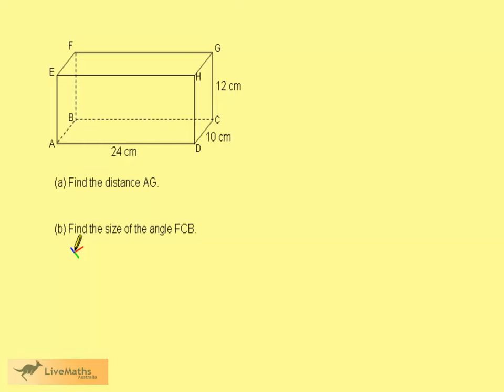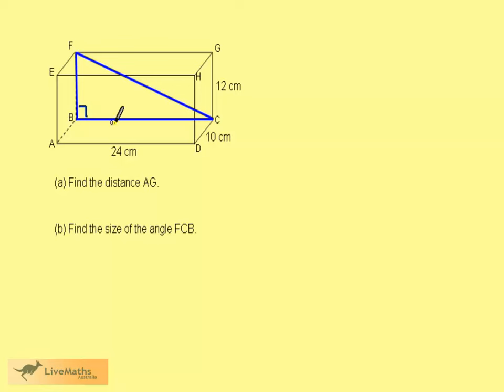In part B, we're asked to find the size of the angle FCB. In order to do this, we need to draw the triangle FCB. We can see this in the diagram here, FC to B and the side FB.